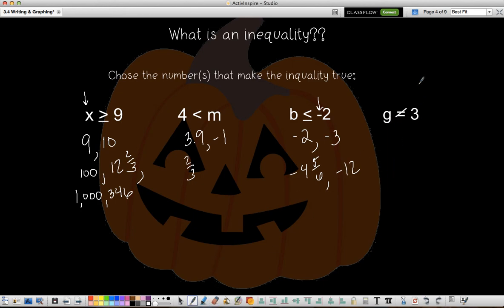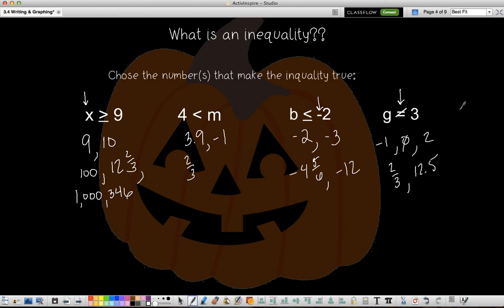But now that is the only limitation that it has. So any number that is not 3 is going to fit this, whether it's negative, 0, or positive, it's going to fit this. So again, we have infinitely many solutions. There's no way to write all these solutions. So 2/3 is not equal to 3. 12.5 is not equal to 3.